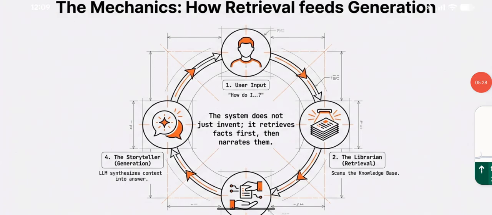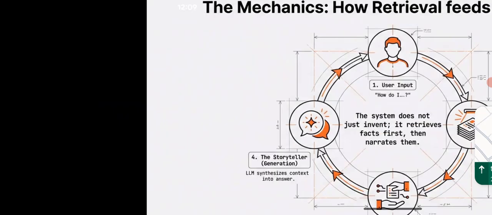The cycle runs like this: the user asks the question, the information is retrieved from the database, and that information is used to synthesize the output, which the language model uses to build a story and respond to the user.